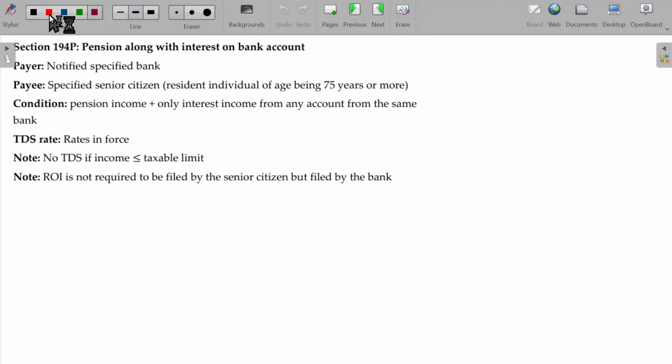Now 194 P is all about pension. See, this is for specified senior citizens, age being 75 and more, to make them simple with the tax compliances.